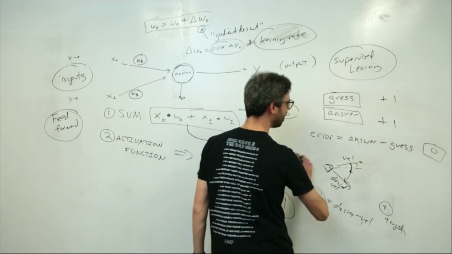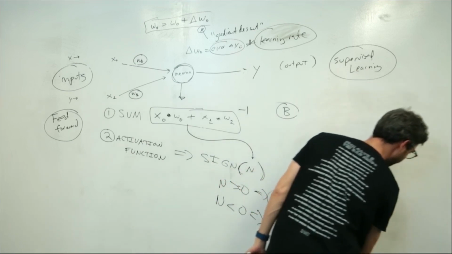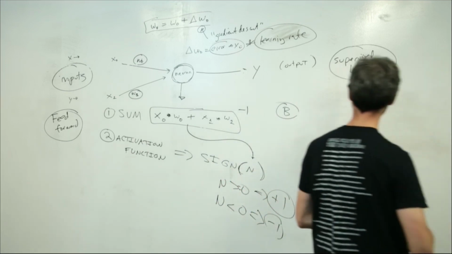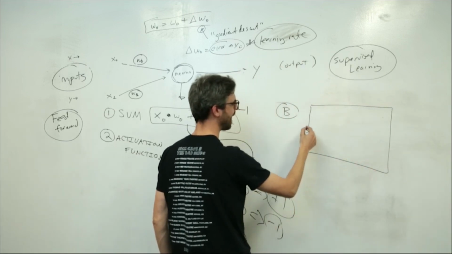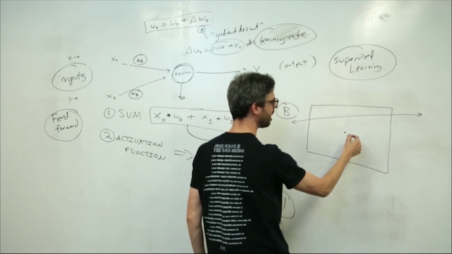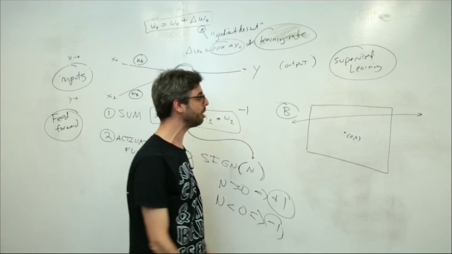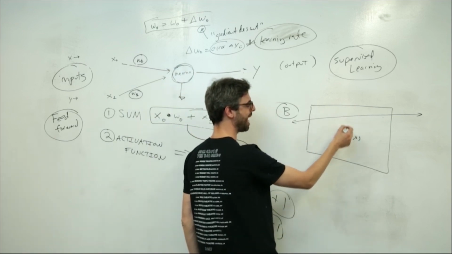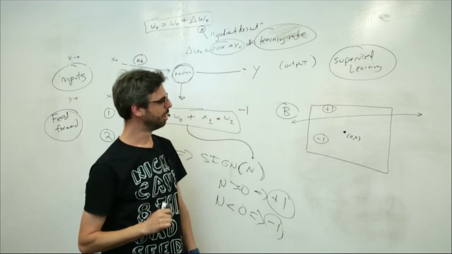Let's say that the space that I'm in is actually this. Forget about pixel space or anything. There's a coordinate space where 0, 0 is in the middle, right here, and I want to categorize data as above or below this line.